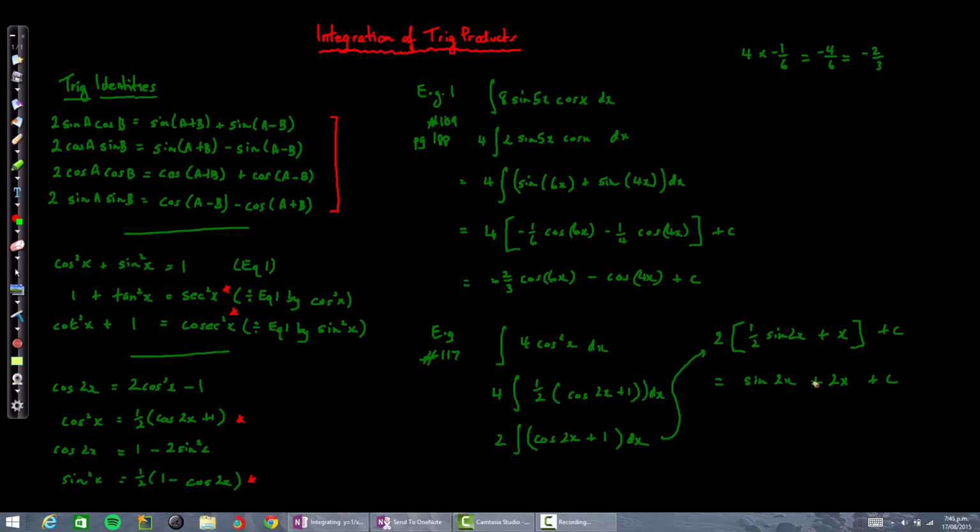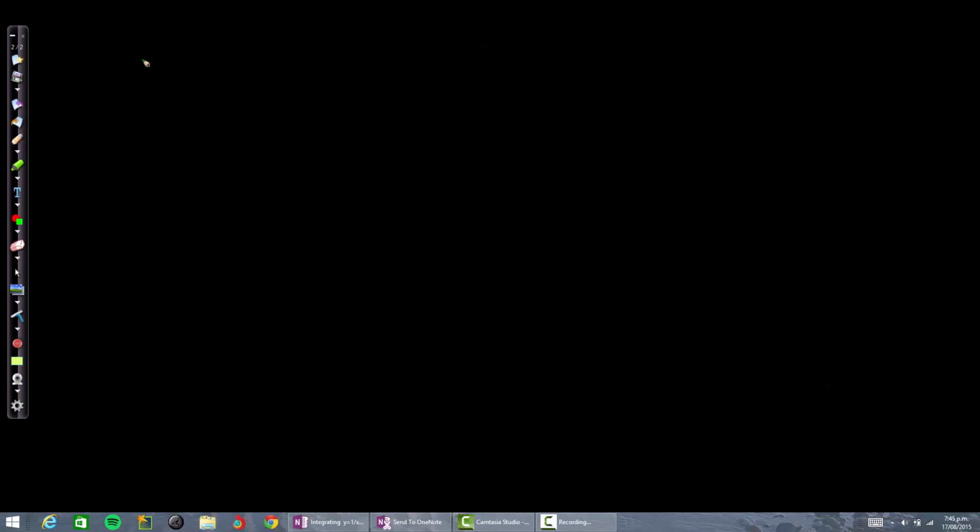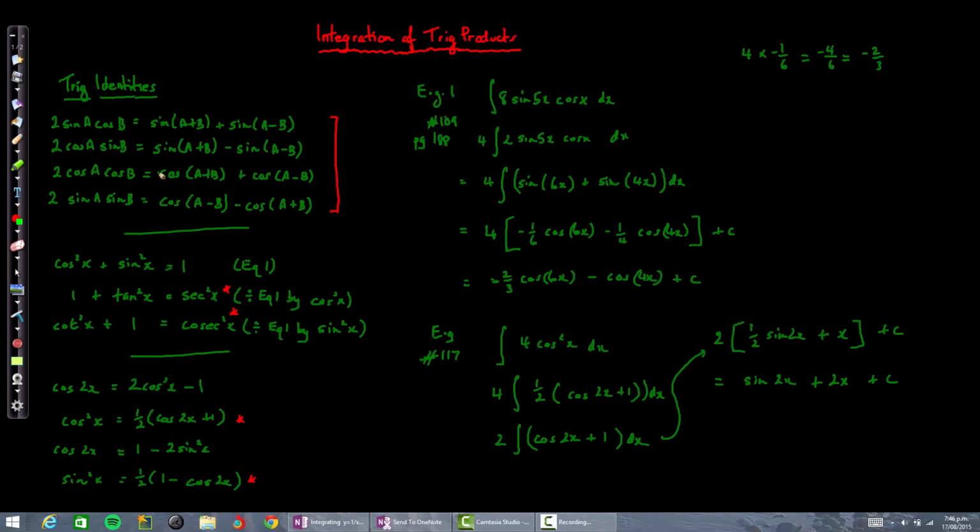Okay, and we'll do one last example here. So let's make a new page, and call this example 3. And let's take something which is not straight from your book. Similar though to the previous example, but just to show you one that involves tangent. So what we can do with tangent, okay, let's have a look at these identities here. Here's one involving tangent.